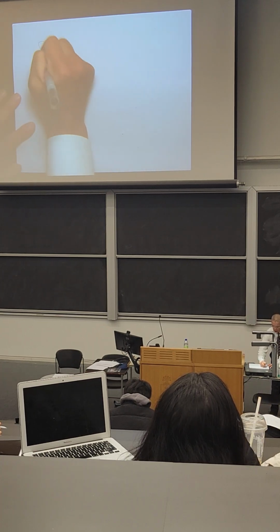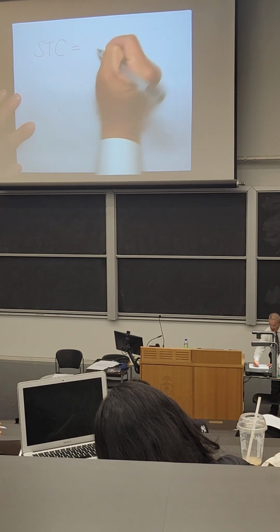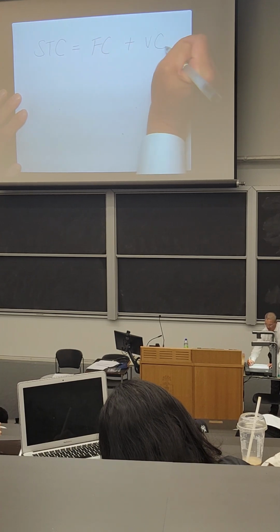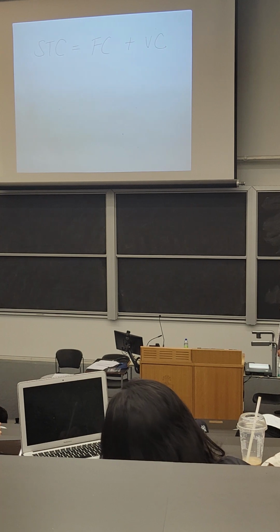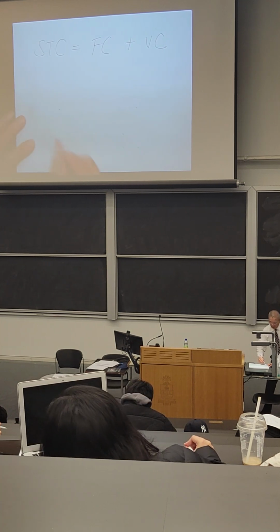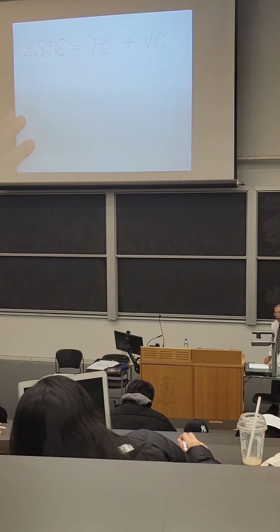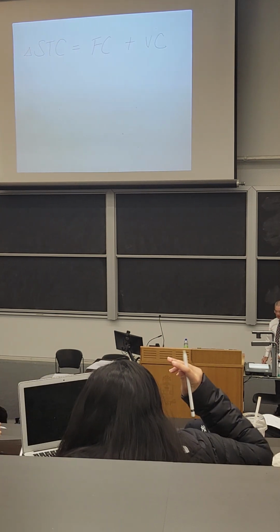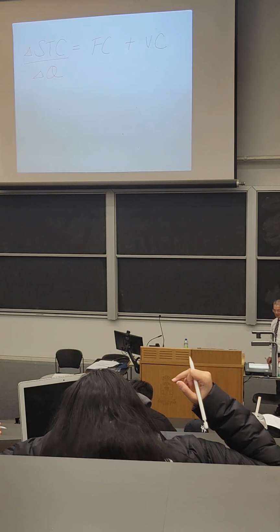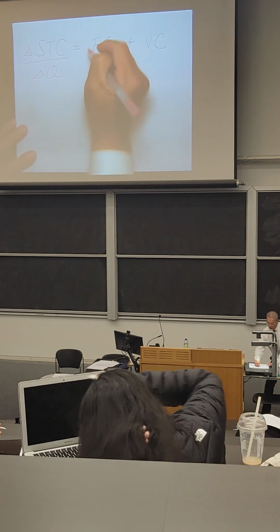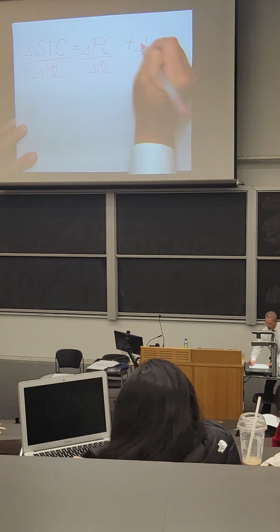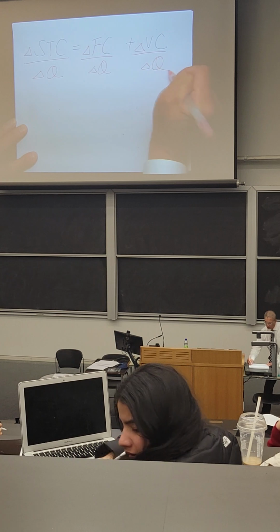So, short-run total cost equals fixed cost plus variable cost. If we change short-run total cost because we change output, therefore there is a change in fixed cost when we change output, and a change in variable cost when we change output.